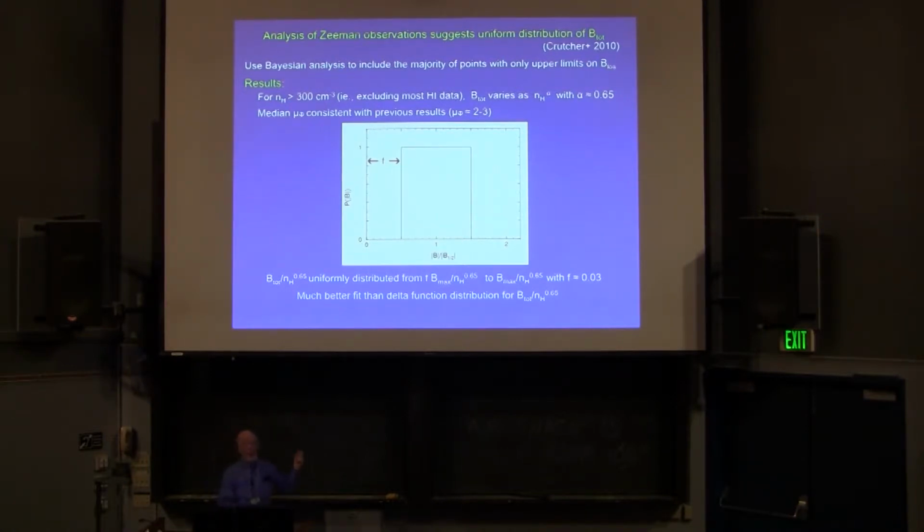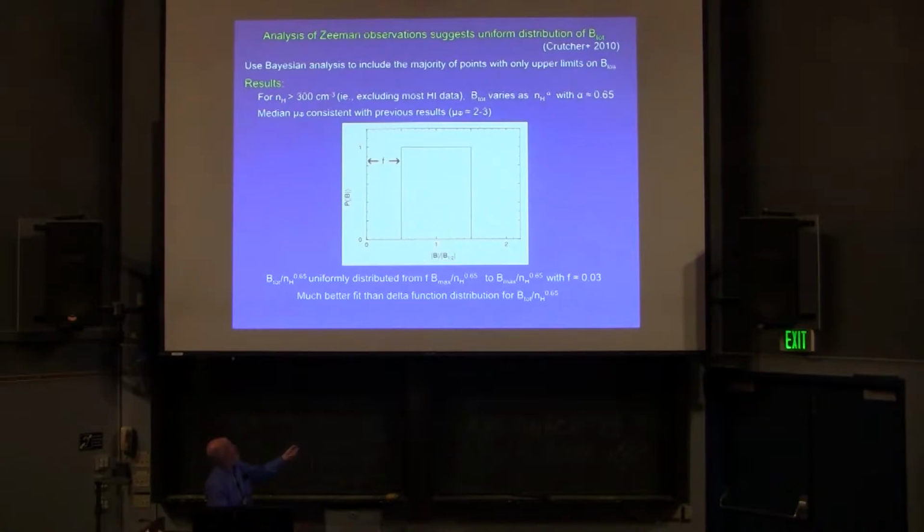Now again, I want to emphasize they cannot measure this. They measure the line of sight field, and I'll talk about that a little bit more now. They then have a model, and they do a statistical analysis to try to infer what the total field is. They did not do an inverse problem; that is, they didn't solve for it. They just tried a delta function model, which theorists like to use, because they assume that it's all the same.